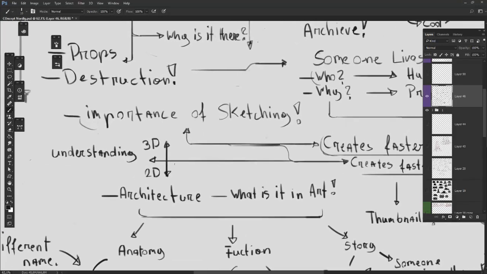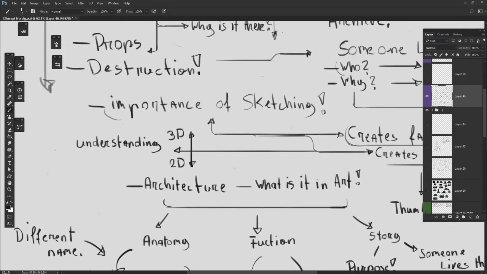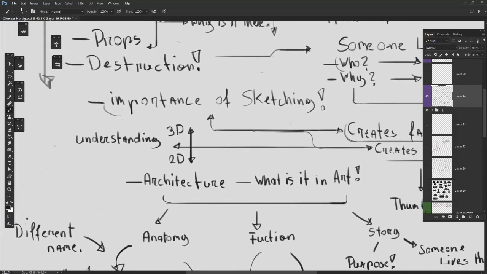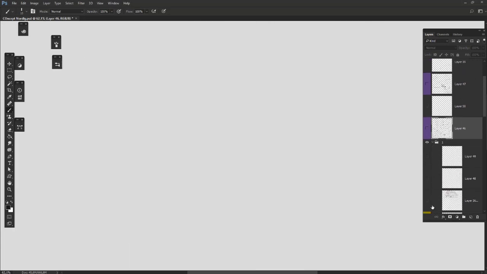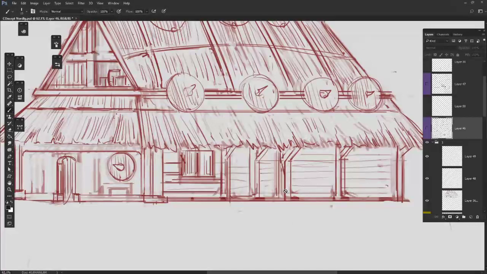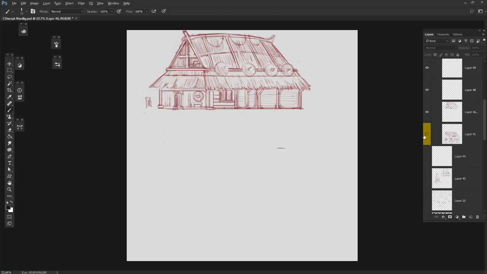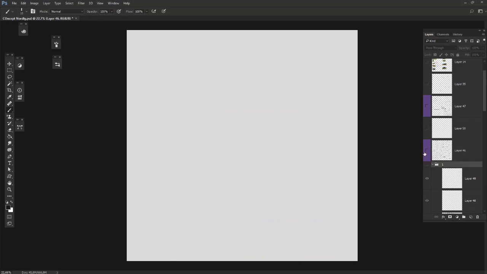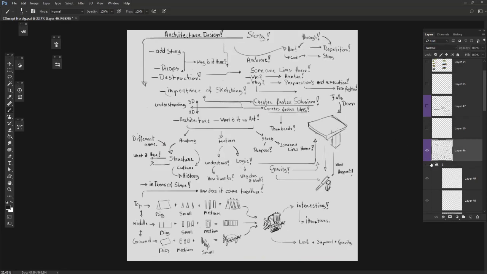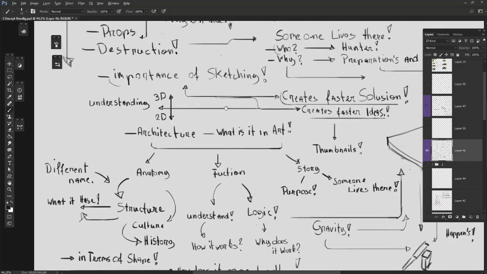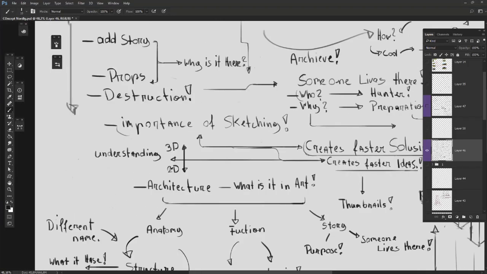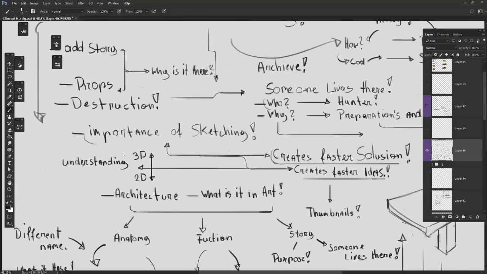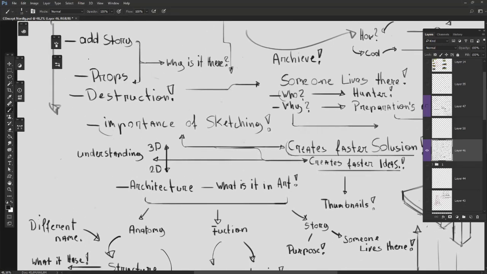Important. Next one is the importance of sketching. In order to actually achieve what we are trying to do, especially when it comes to design, the understandable part of the elements. I'm repeating that because it seems like some of you didn't quite catch the reasons why and how we do that.